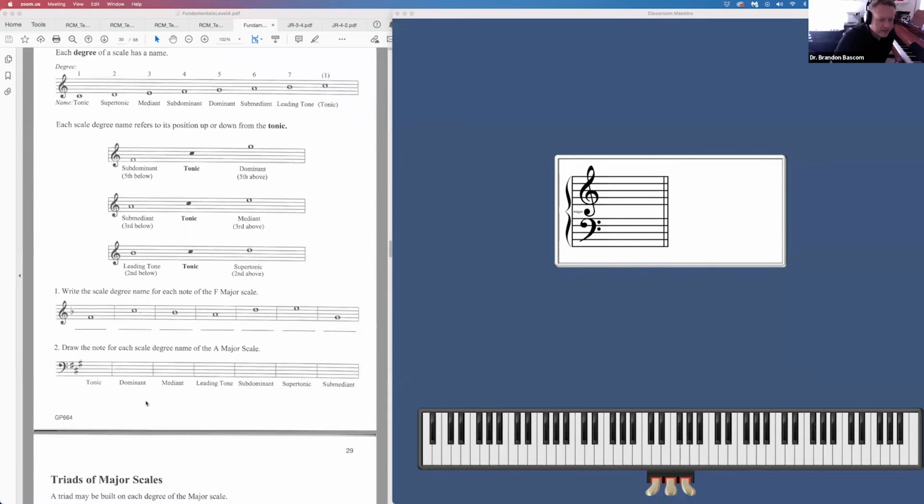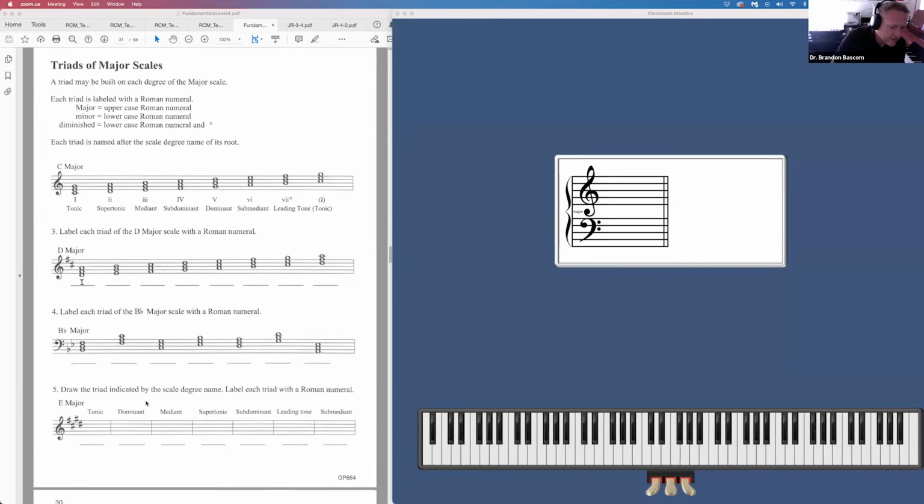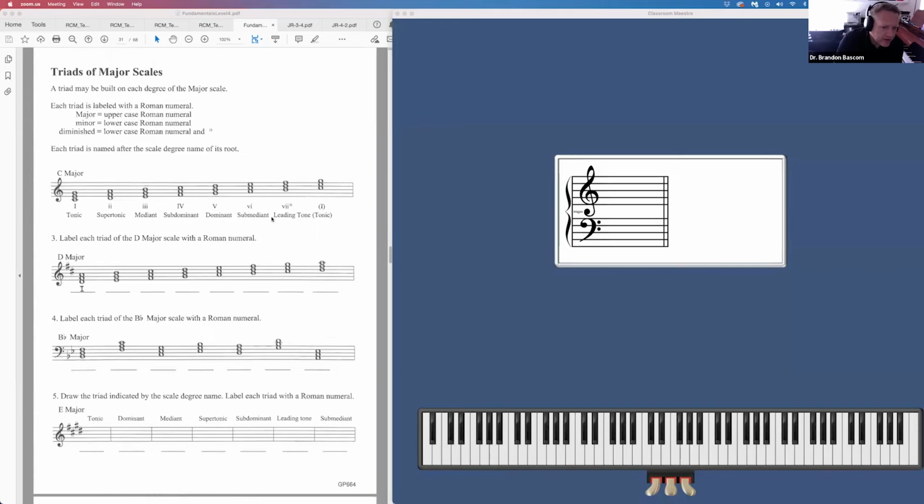On page 29, doing the same thing, but this time with a triad rather than just a single scale degree. Don't forget on your scale degree 7 that we do include a degree symbol to distinguish that the triad built on scale degree 7 is a diminished triad. Lowercase Roman numerals for minor, capital Roman numerals for major, lowercase for diminished with the degree symbol.